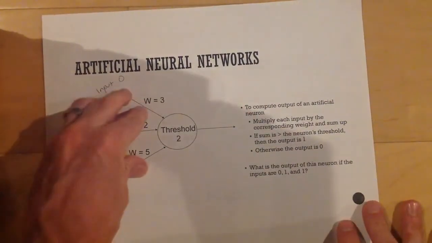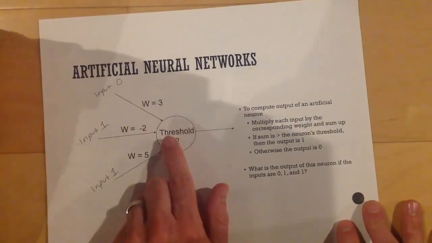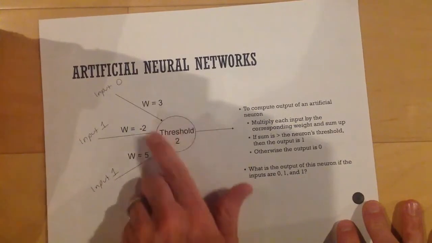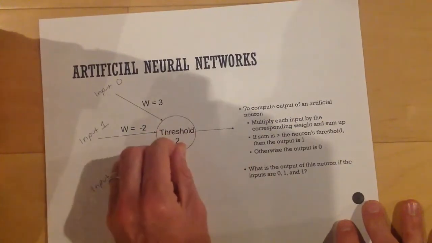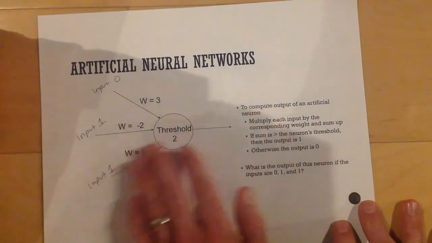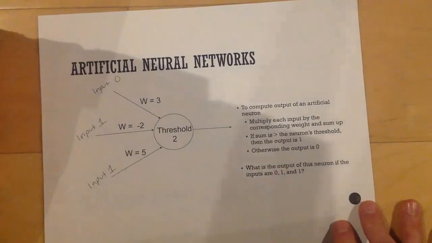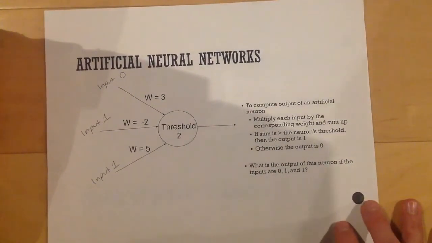You've got lots of inputs feeding into this one neuron right here. And then if we exceed the threshold value, the neuron's going to become excited and pass on the 1, out its synapse, or it's not going to get activated and a 0 is going to come out. So you can see the relationship to neurons here.